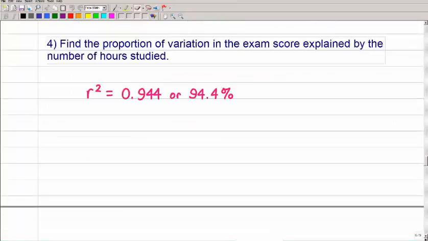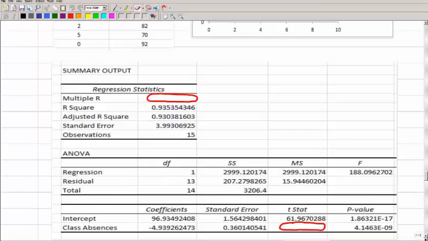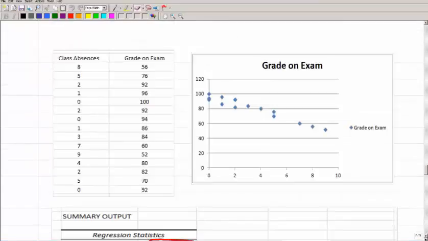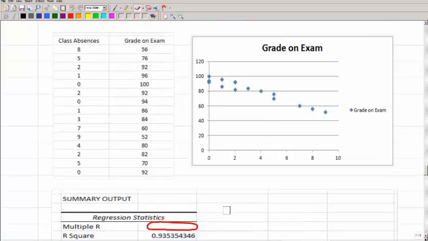All right. Now, let's look at this example that shows some missing values. Here I was using the hours playing a video game as an example of a negative relationship, but here's a good one: class absences.